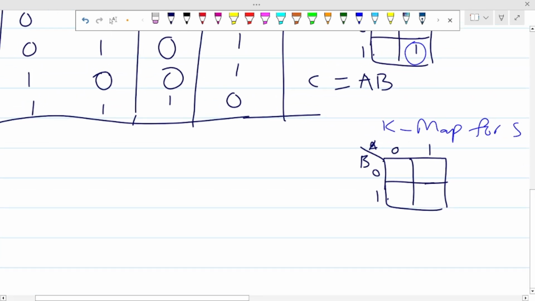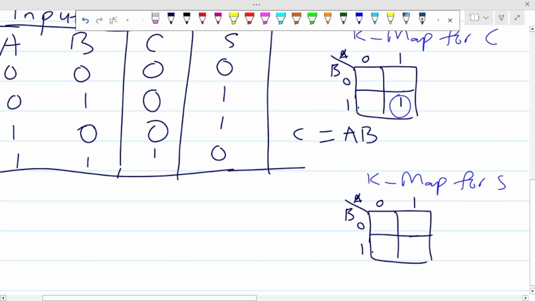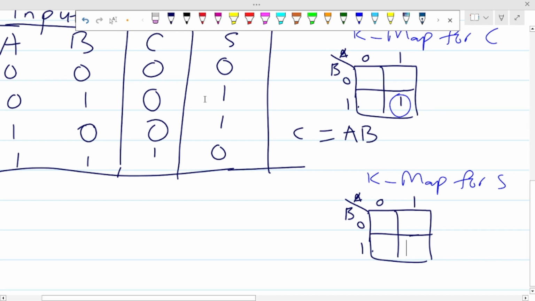Just like the one for C, for S we also look for the rows where we have S as 1, then go to the inputs. When S is 1, in the inputs we have A as 0, B as 1. Where is A as 0? This is A as 0. Where is B as 1? This is B as 1. So we're going to have a 1 here. Good.